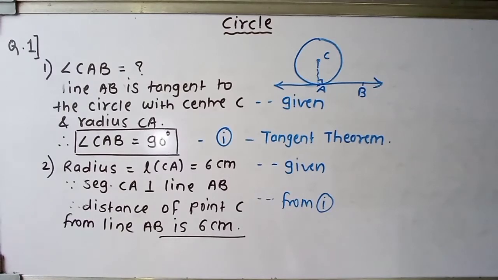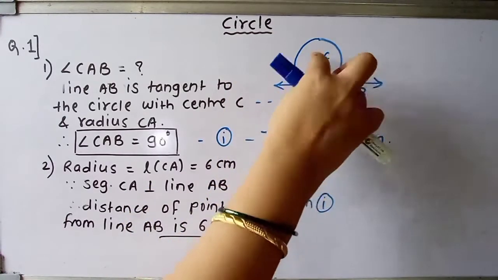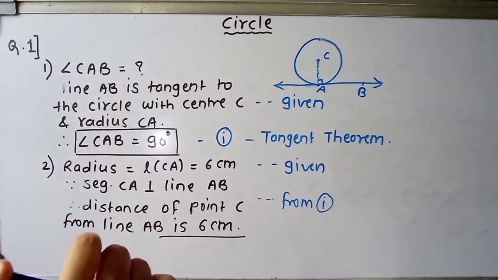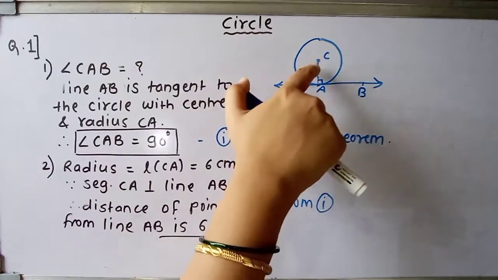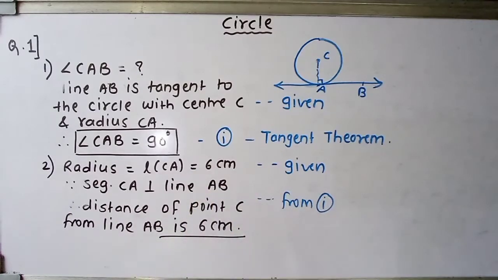Now second, what is the distance of point C from line AB? So we have to find nothing but the radius length, yes or no? We know the radius, that is the length of CA, is equal to 6 cm, which is already given in the question.